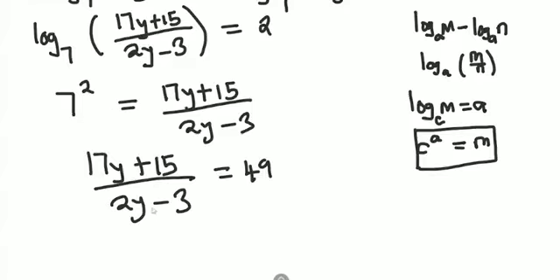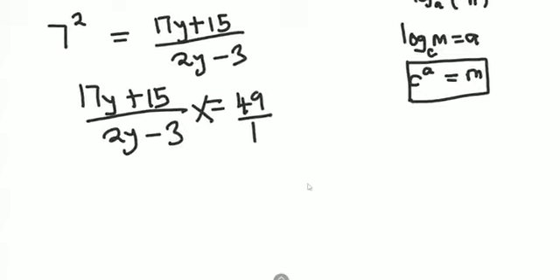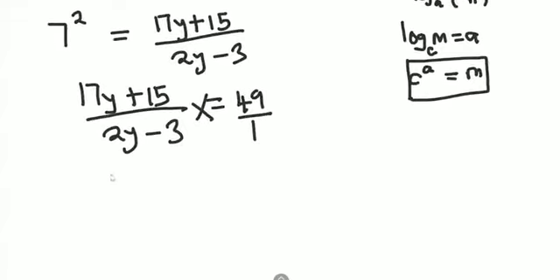Now on the left hand side we have a fraction, and on the right hand side we just have 49. So we are going to divide 49 by 1, then we cross multiply. 17y + 15 times 1 gives the same value, which is 17y + 15.